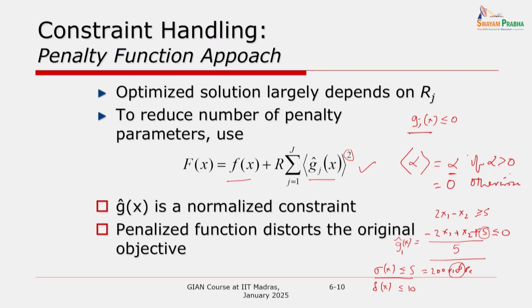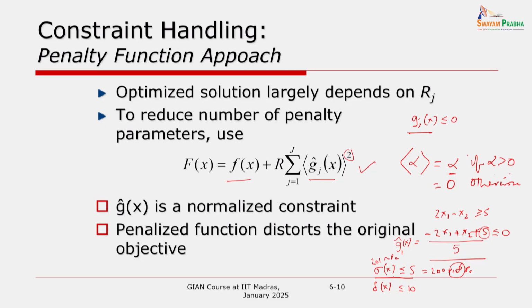Say it's 201 megapascal, so you violate by 1 megapascal, because it's supposed to be 200 but your design says it's 201. So you violated the constraint by 1 million Pascal. On the other hand, for deflection, if you violate, maybe it's 10.5, and that's a violation by only 0.5. So there is a mismatch.